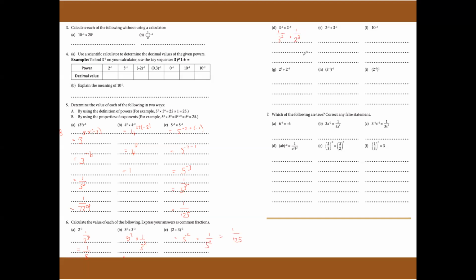So the exponents are negative, so all I did was just convert it, or invert it, sorry. 3 to the power of 2 is 9, multiplied by 2 to the power of 3, which is 8. Then you can say 1 times 1 is 1, and 9 multiplied by 8 is 72.